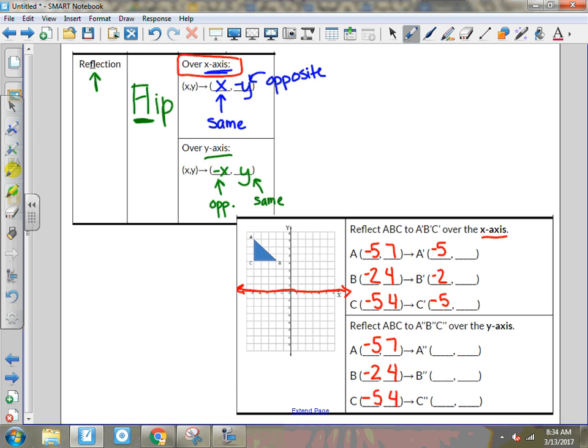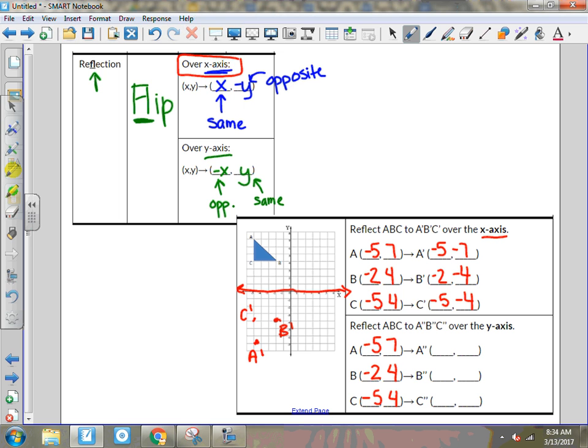So the opposite of 7 is a -7, the opposite of 4 is a -4, and the opposite of 4 again is a -4. So if we're flipping over the x-axis, they're going to turn to the opposites for the second coordinates. So A prime is going to be at -5, -7. B prime is at -2, -4. And C prime is at -5, -4.